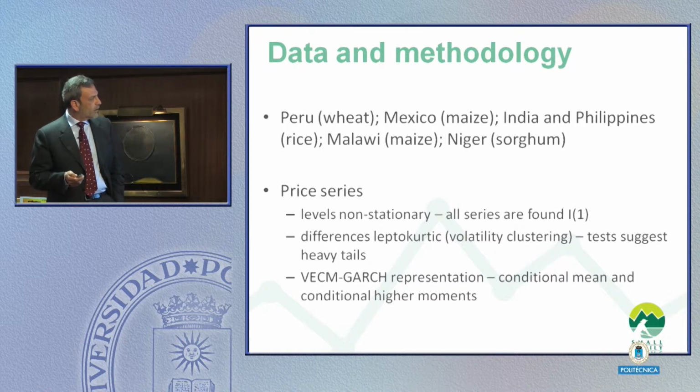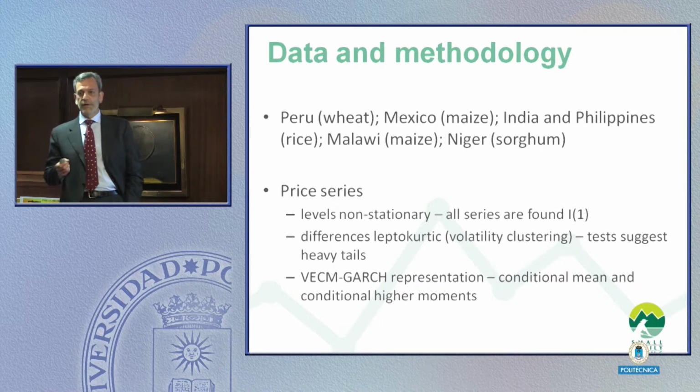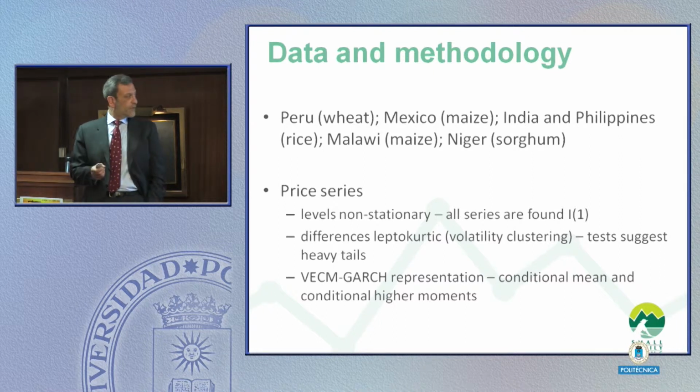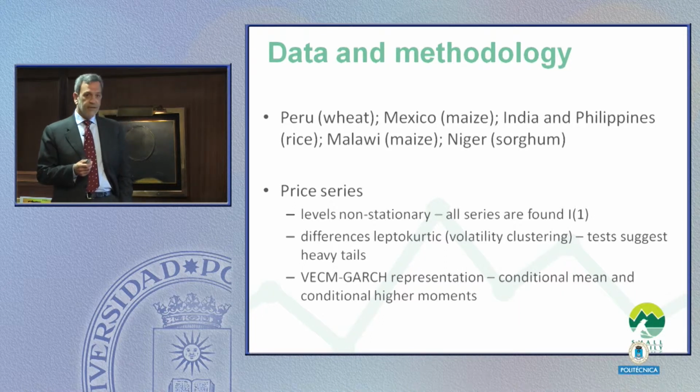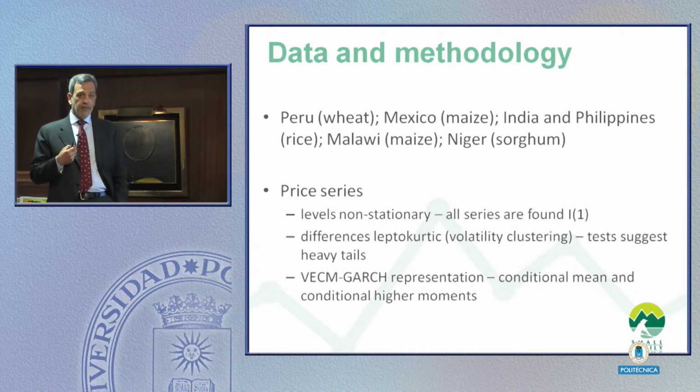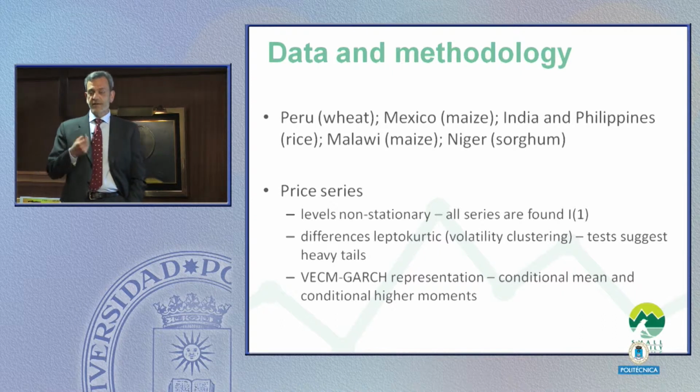My work is based on monthly price data in Peru, Mexico, India, Philippines, Malawi, and Niger. I'll speak only for a few of these countries. And what I do is time series modeling. These prices are non-stationary, all of them, which means that the shock on the price is permanent.